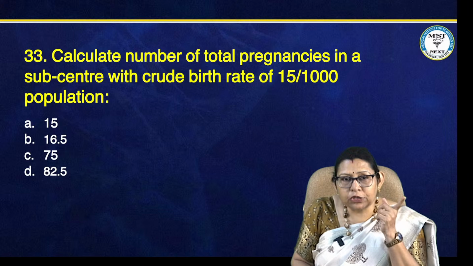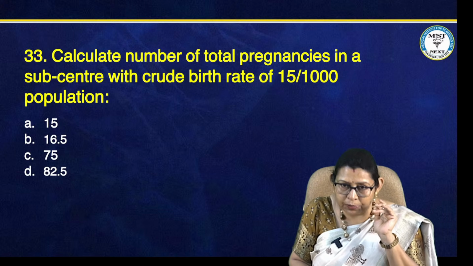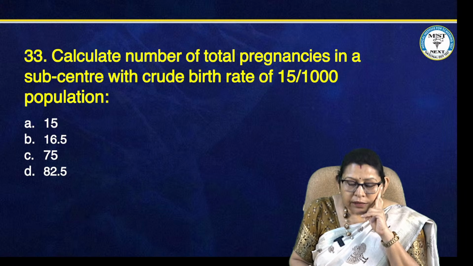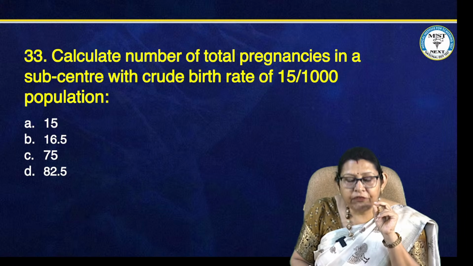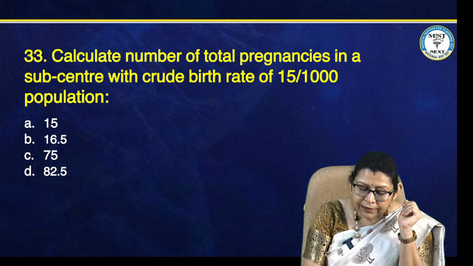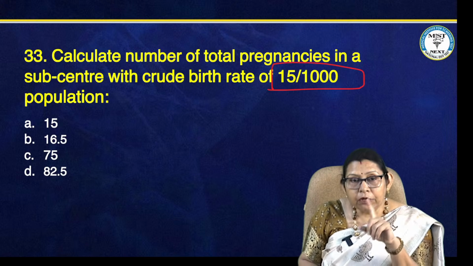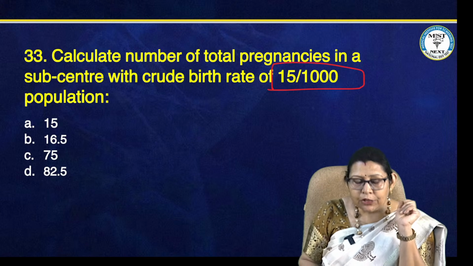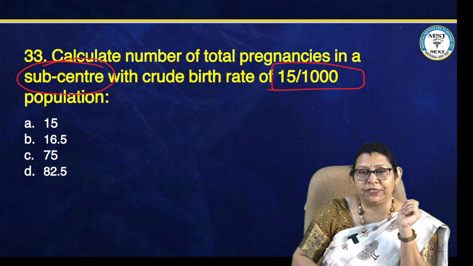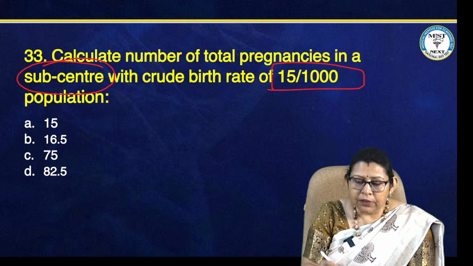Calculate the number of the total pregnancies in a sub-center with a crude birth rate of 15 per 1000 population. यहाँ पे a very important catch, this is also one of the PYQs which has been asked. They had given me the birth rate, but what they are asking is the total pregnancies at sub-center. This is the catch. यहाँ पे two steps.